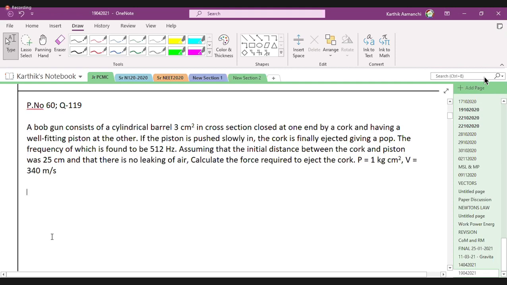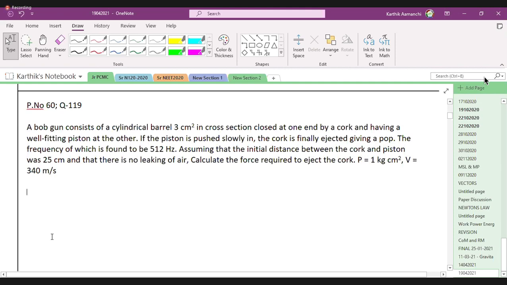Is it like frequency is equal to V by 4L? Then we take the length out of it. So we know length is 25 centimeters. Then pressure is directly proportional to length, so PL is equal to P dash L dash.